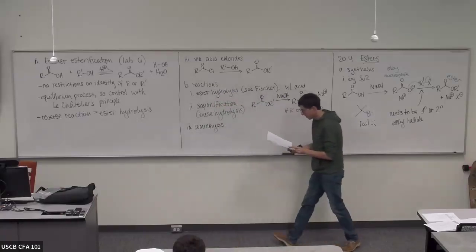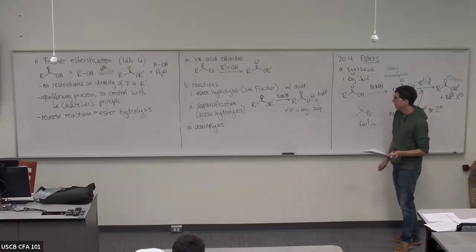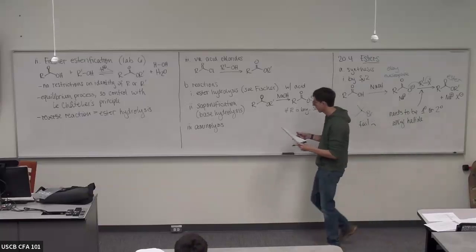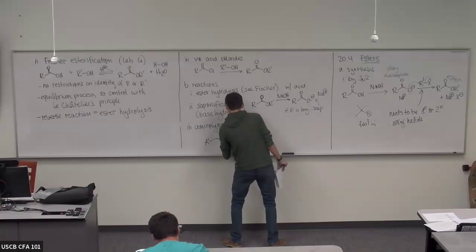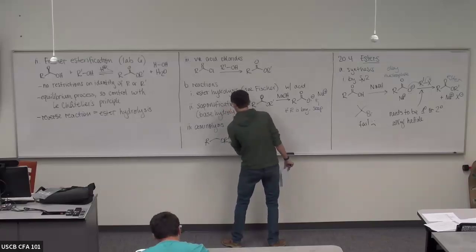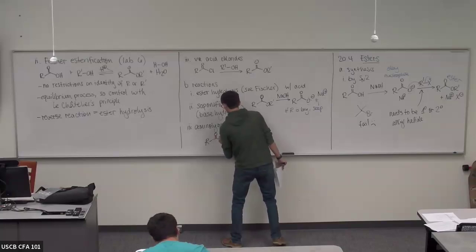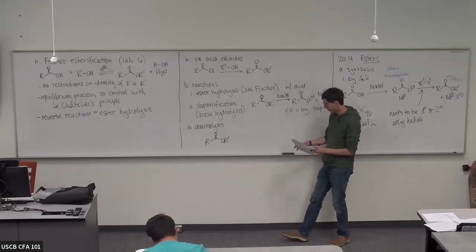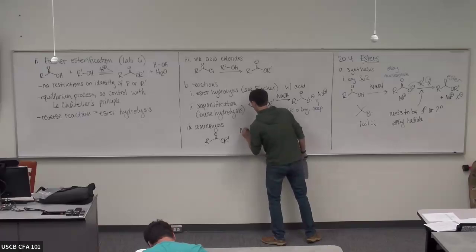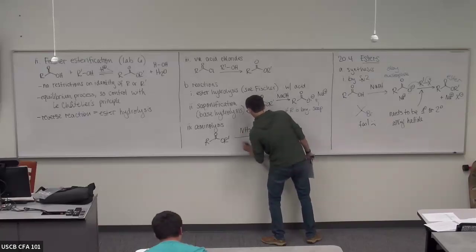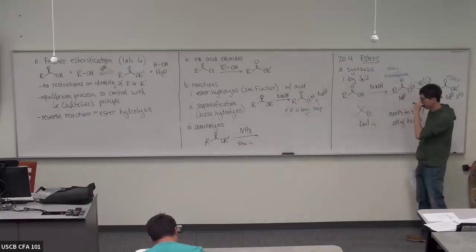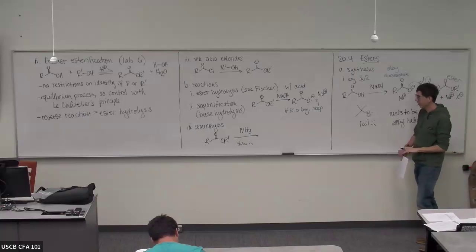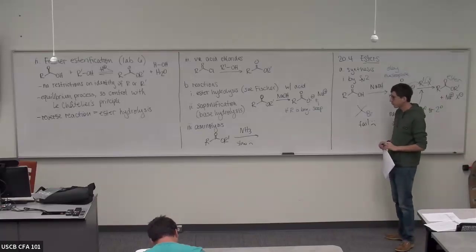Almost done, sorry, one more. Okay, aminolysis. We're going to add an amine to our ester, and in this case, I'm just going to use ammonia. This is a pretty slow process, and so this is not a particularly synthetically useful reaction.